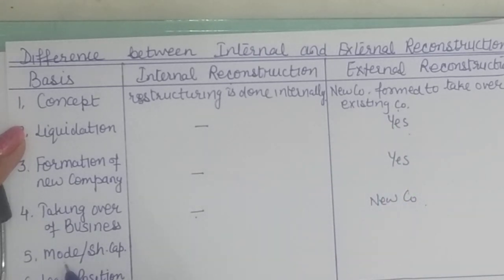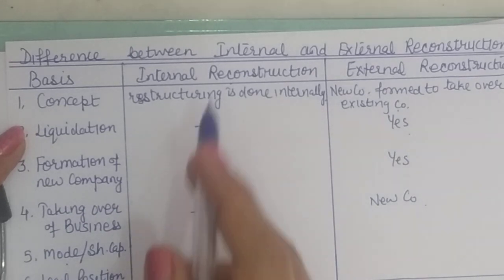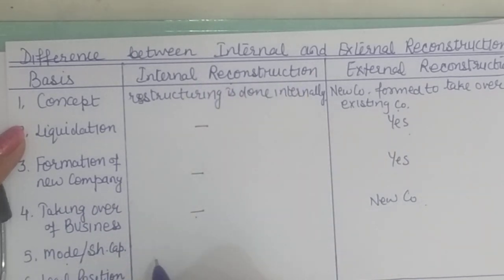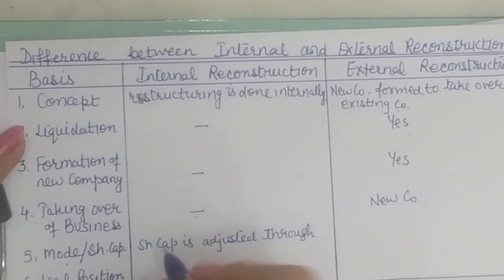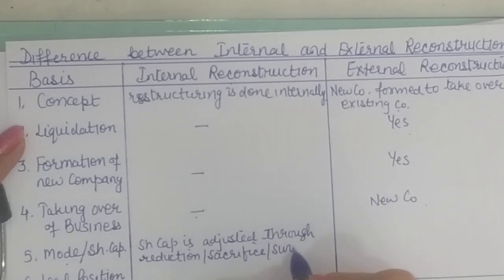Now, next is the mode of share capital adjustment. So, in internal reconstruction, share capital is adjusted through reduction, sacrifice, surrender.